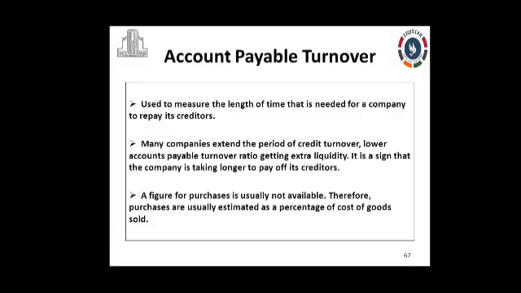Then the account payable turnover ratio. In account receivable we saw net credit sales. Here, net payable turnover means from whom we have collected goods on credit, from whom we have purchased the raw material on credit basis.